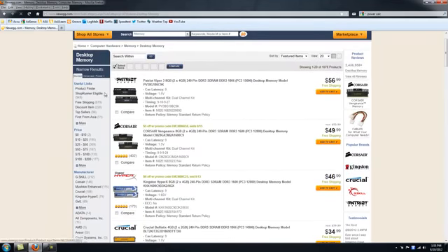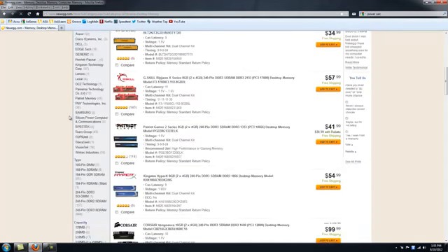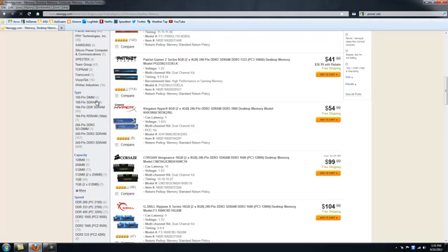The three types of RAM out right now are DDR, DDR2, and DDR3. DDR is really old now, and I don't know if you can even buy it on Newegg anymore. Yes, you can, and you can even buy SD-RAM, which is even older. So I wouldn't worry about DDR.